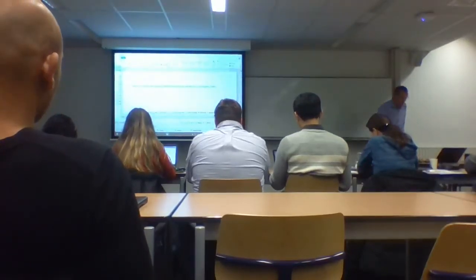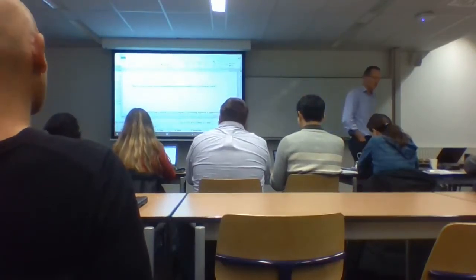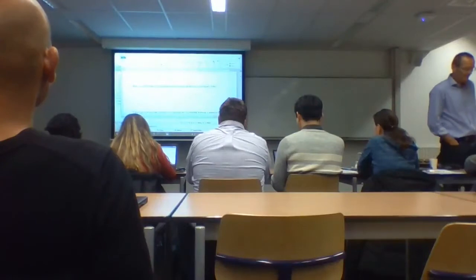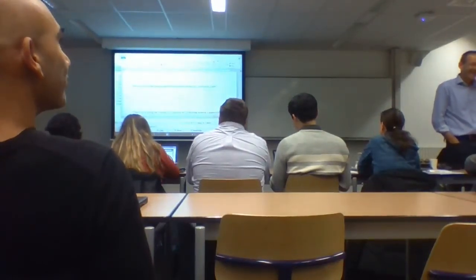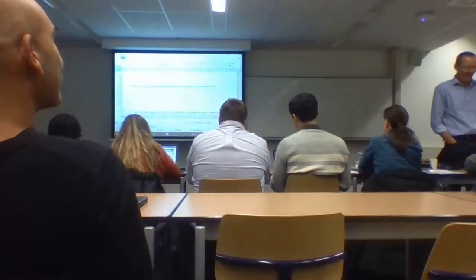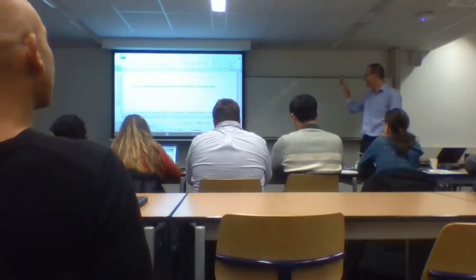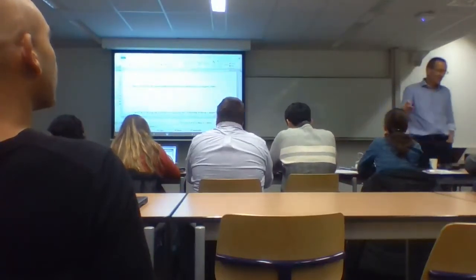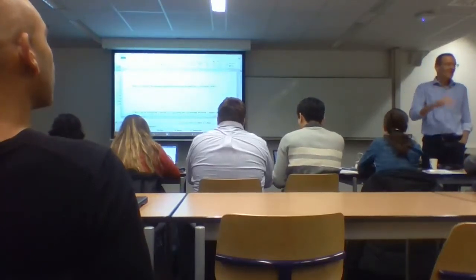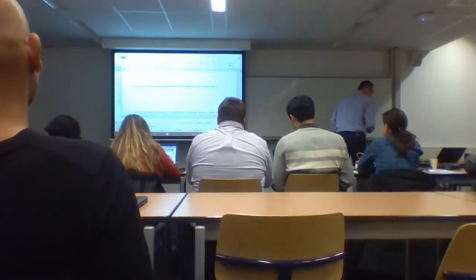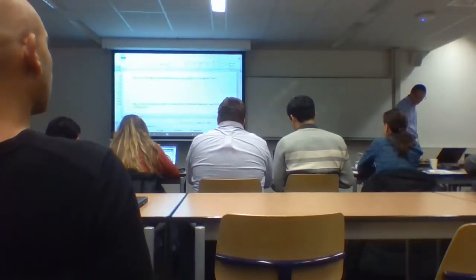So let's see, how can we find the marginal distributions in the contingency table? That's an easy one. You look at the margins of the contingency table, so just the column sums and the row sums, and then of course divide by the grand total.